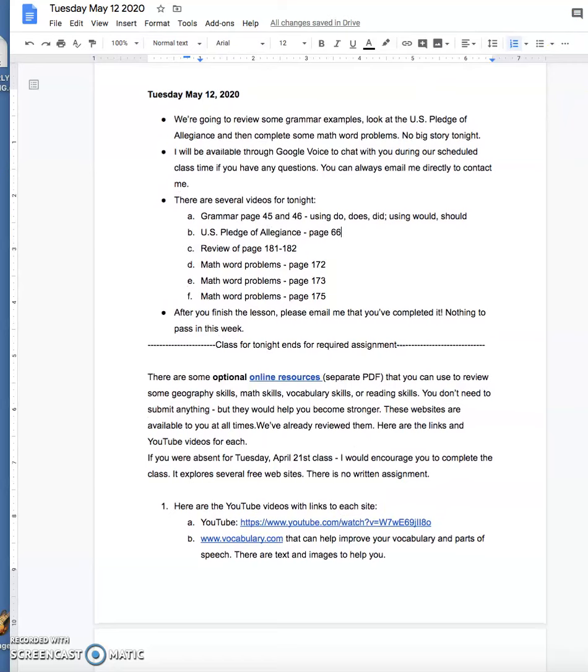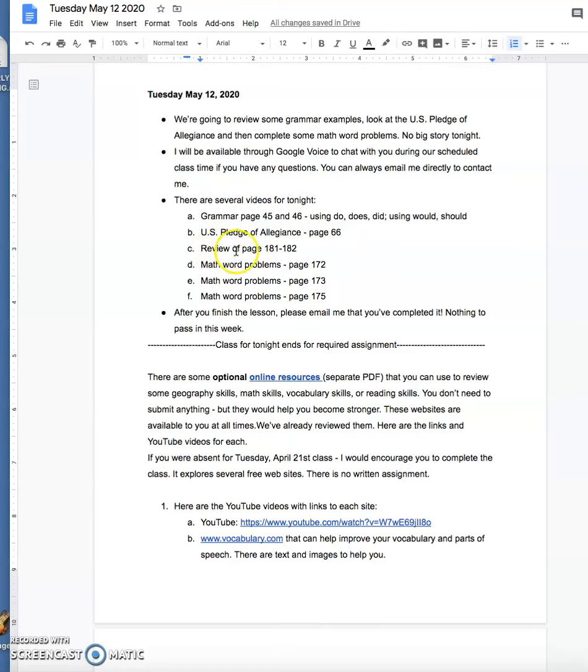All right. So let's start. And for each of the assignments here, you'll see the page numbers are in your student book. I'll also have PDF files for these available for class. But if you do have your student workbook, the grammar is on pages 45 and 46. Pledge of Allegiance is on page 66.